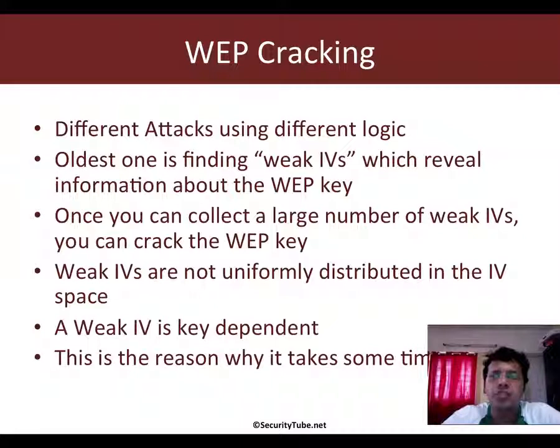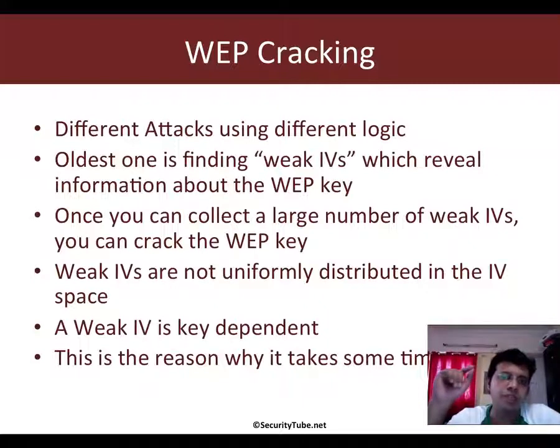Well, cryptographers have found that some of the IVs which we were prepending to the WEP key before generating the key stream, the key stream generated using these specific IVs was revealing some information, with some probability, about the WEP key itself. And when you have a large number of these weak IV samples, then it is possible to intelligently guess the WEP key with some confidence. And this is what all of these papers and all of these different techniques talk about.